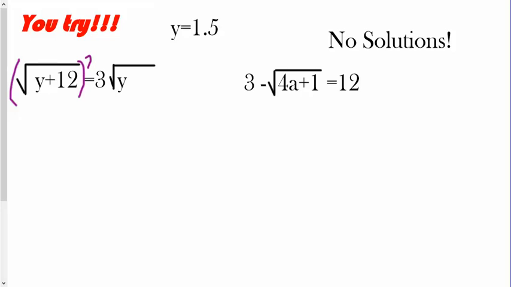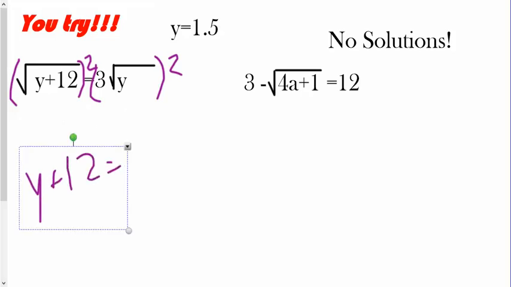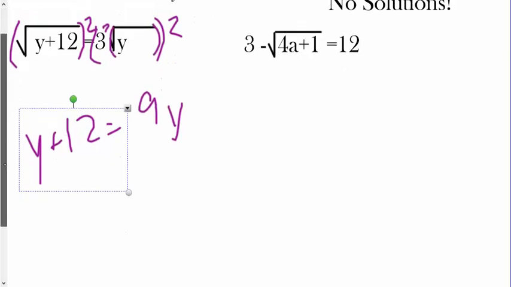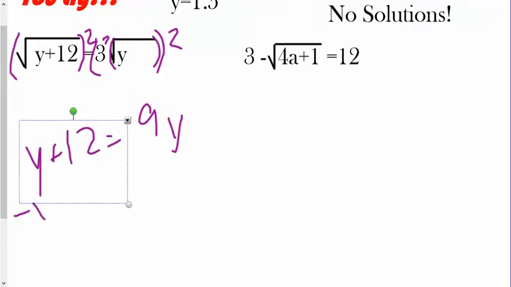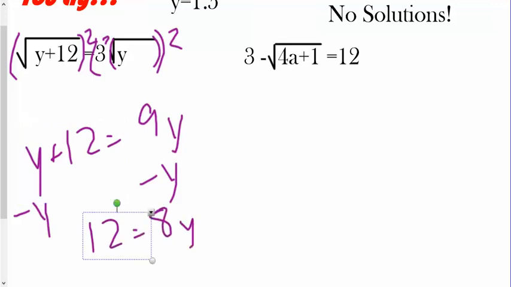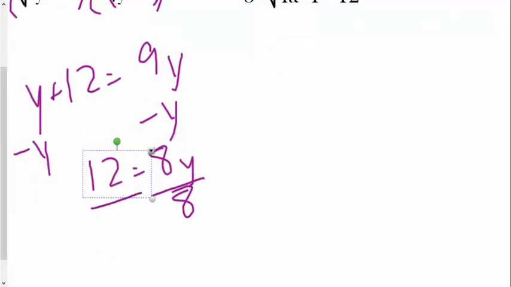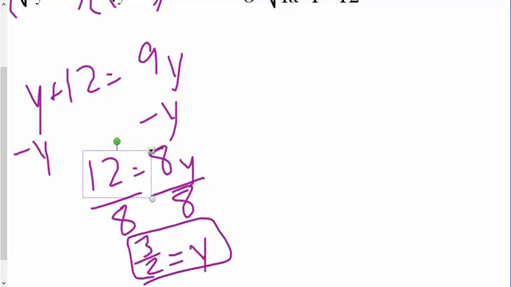So the first thing I need to do is square both of these sides, giving me y plus 12 equals 9y, because I have to square that 3, and I have to square the square root of y. I subtract y from both sides, and I get 12 equals 8y. Dividing by 8, I get y equals 3 over 2, because I always have to simplify.